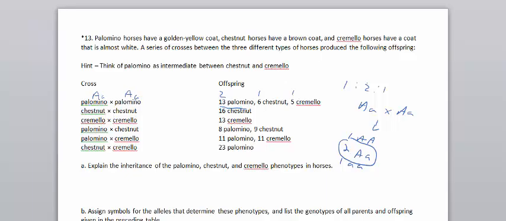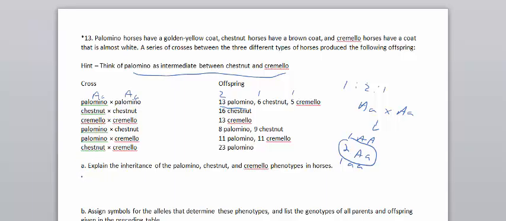So that tells us that if we do a monohybrid cross, we get a 1 to 2 to 1 ratio, and that's characteristic of incomplete dominance and codominance. Because palomino is intermediate between chestnut and cremello, and there are pictures in the book that show you these horses, and so that suggests incomplete dominance.